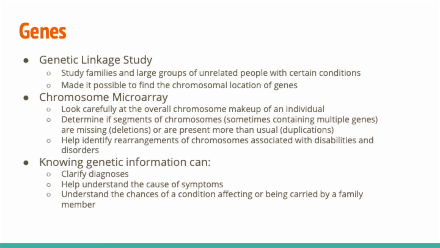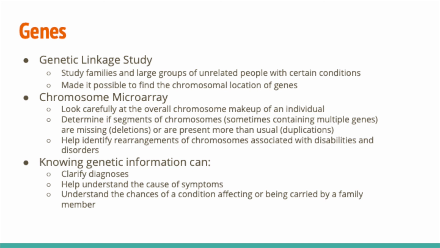And we want to look carefully at the overall chromosome makeup of that individual and determine if there are segments of chromosomes, sometimes containing multiple genes, that are either missing or are more present than usual. So they're either deleted or duplicated. These help us identify rearrangements of chromosomes associated with disabilities and disorders.